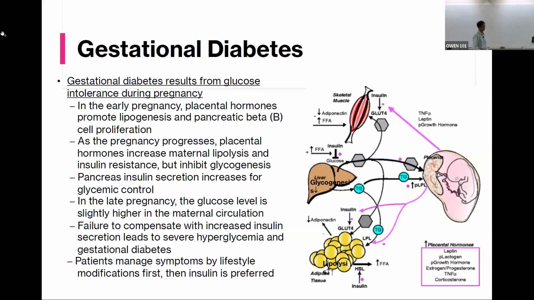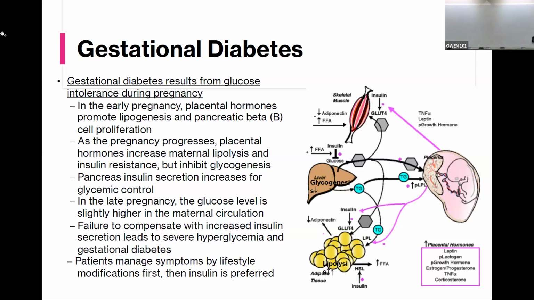The next type of diabetes is called gestational diabetes, which occurs when somebody is pregnant, right? And all this is really due to the placenta hormone. A lot of changes are happening during pregnancy.